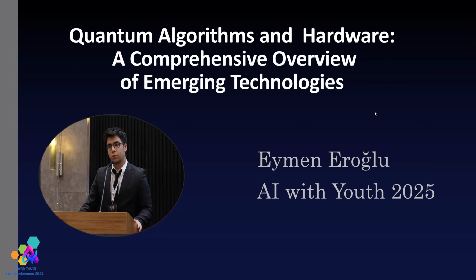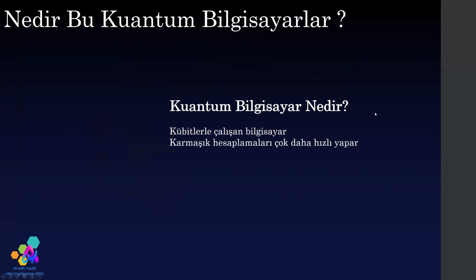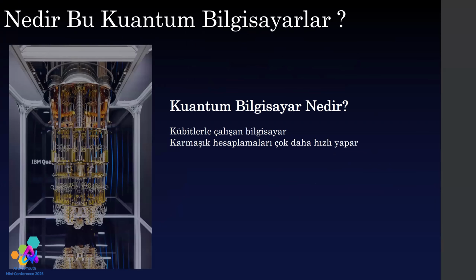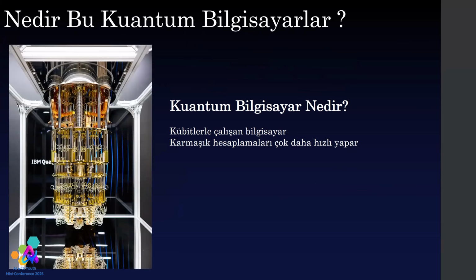So first of all, what is a quantum computer? In the simplest terms, the Cambridge Dictionary states that a quantum computer is a computer that does certain complicated calculations faster than a classical computer, using qubits instead of bits.